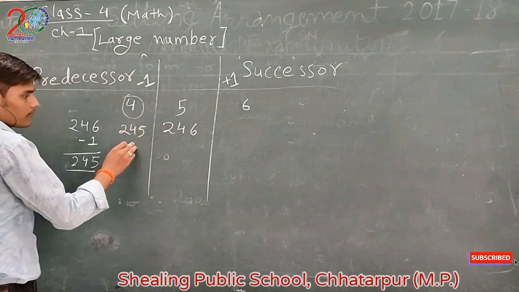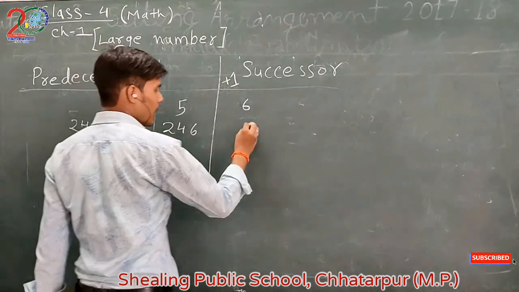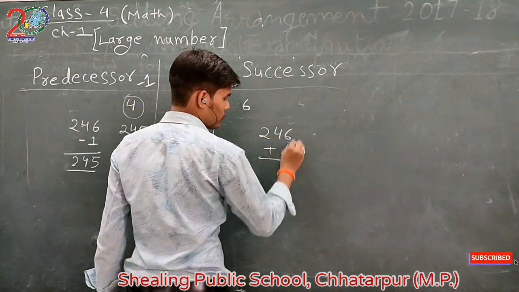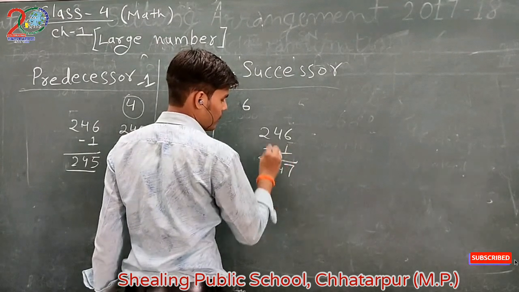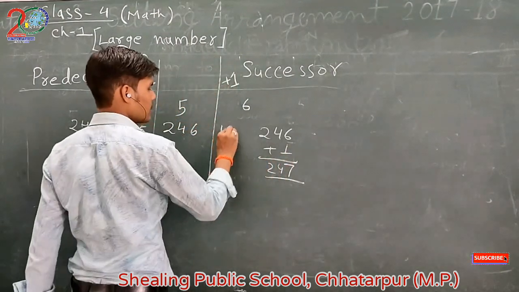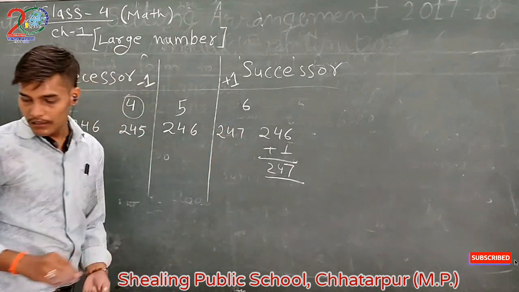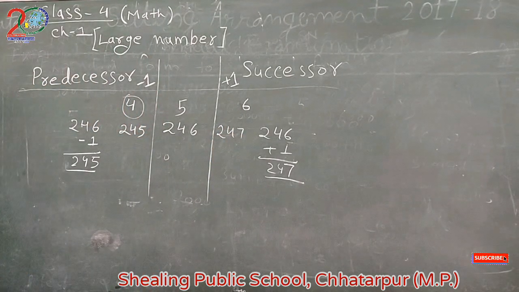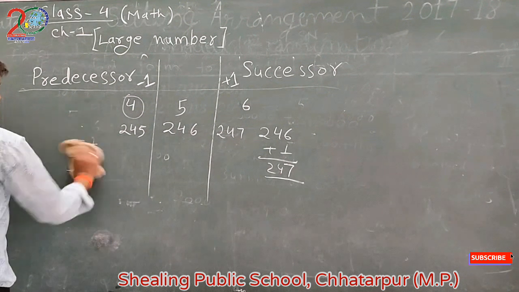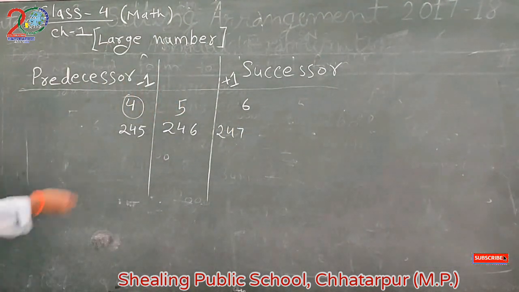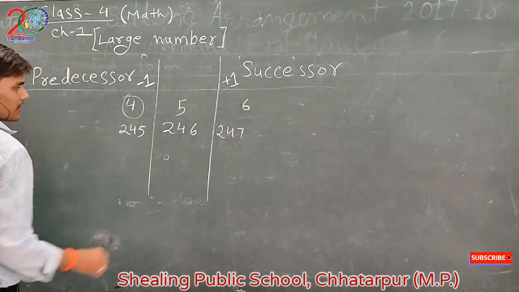Then successor, so we add 1. So here is a 4, here is 247. Okay, like this. So now you find any digit predecessor and successor. In predecessor, subtract 1 and successor add 1.